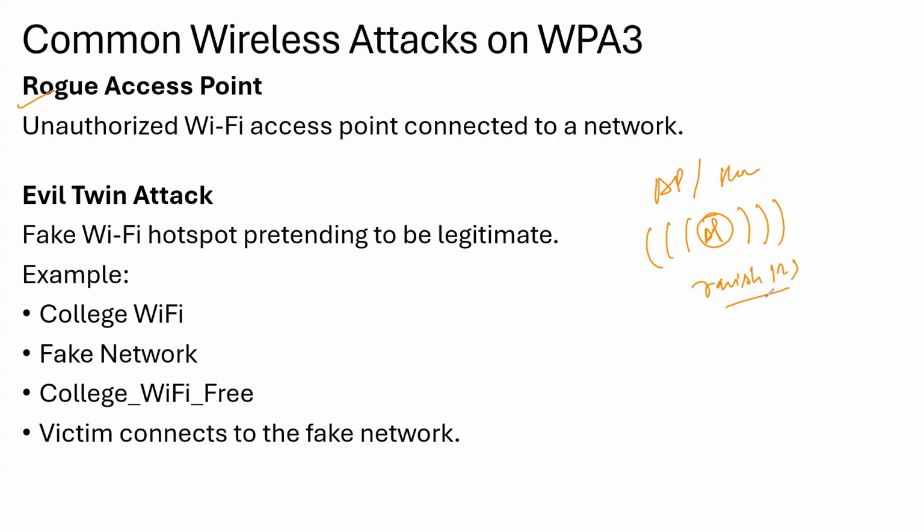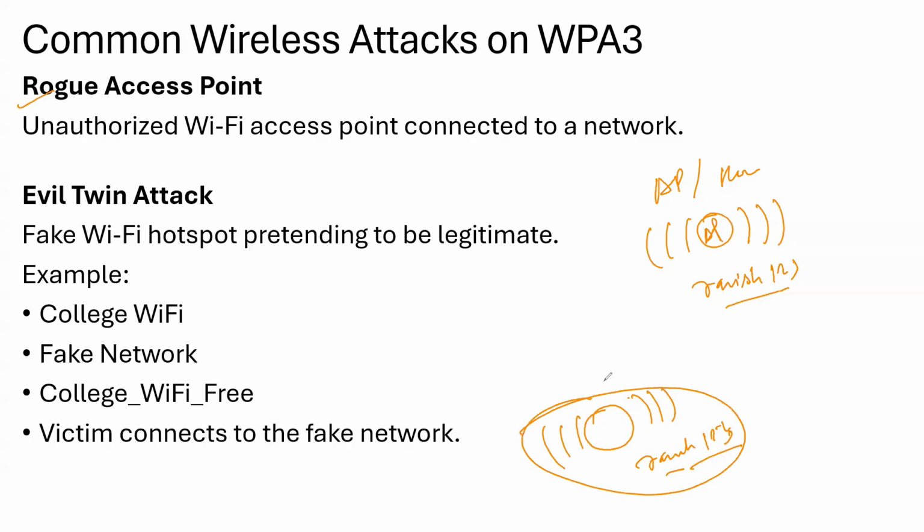This is my username, and the password may be the same. So what can be done: the attacker will also install the same Wi-Fi name at the same location, like Ravish123, without any security and encryption, and we directly connect to it. What will happen in that case? You will be connected to the attacker's Wi-Fi access point, and he can sniff all your data.